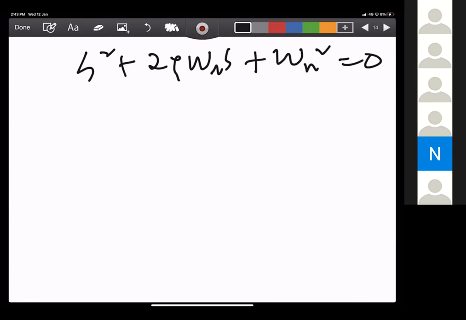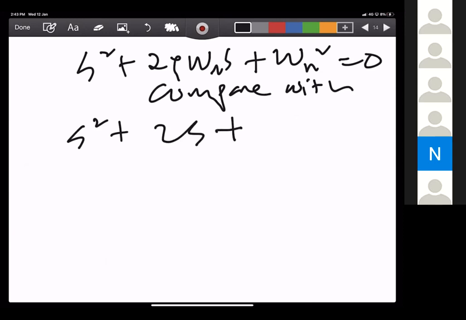Then compare. Sure dah. Macam mana nak compare? How to compare?